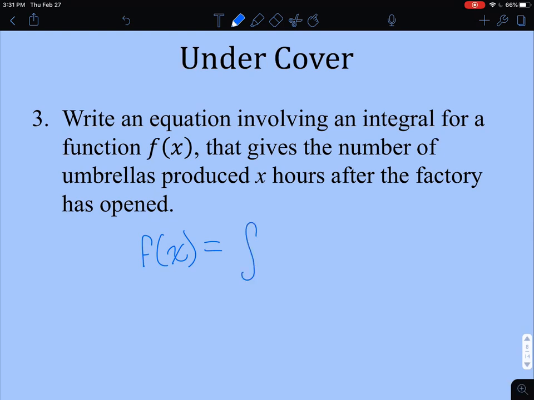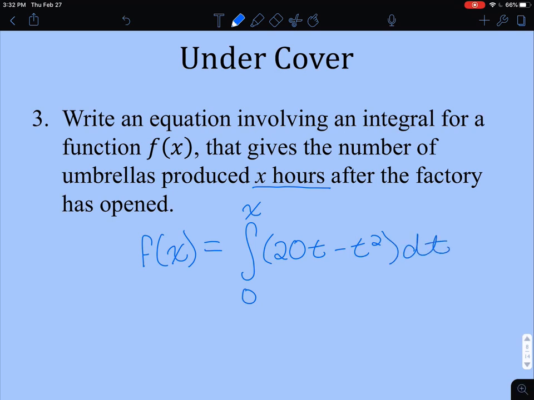an integral from 0 to, now notice they say x hours. So x is going to have to go up here. We don't know how many hours. Of 20t minus t squared dt.